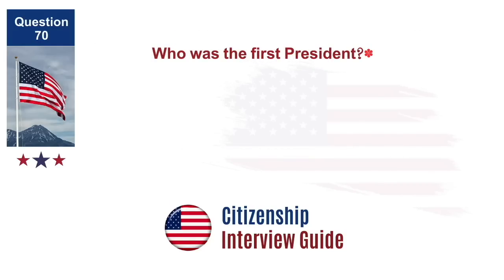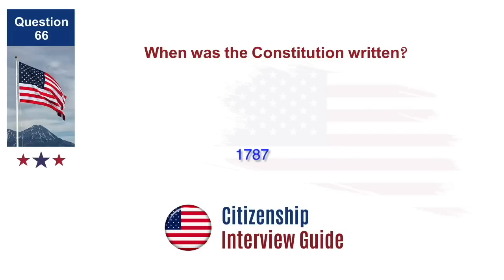Who was the first president? George Washington. When was the Constitution written? 1787.